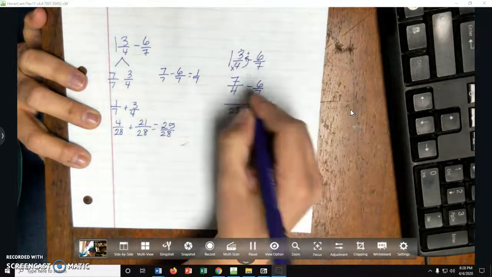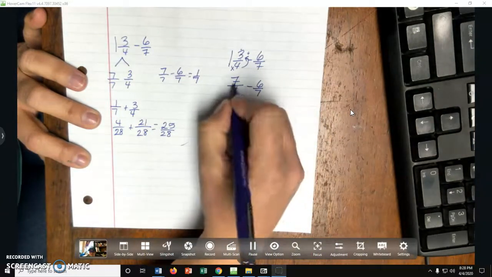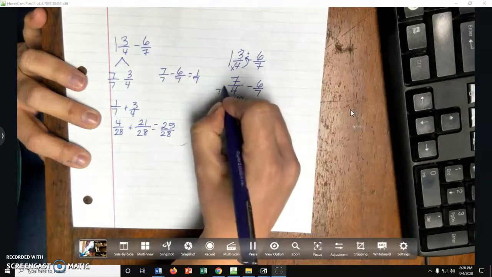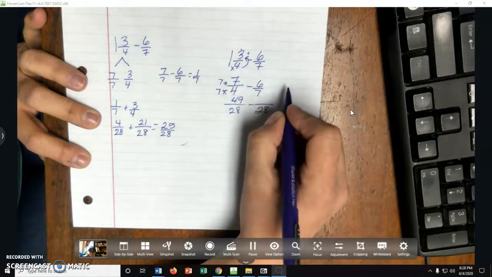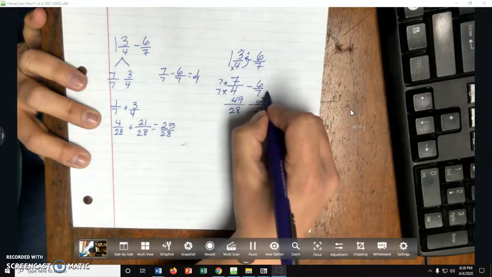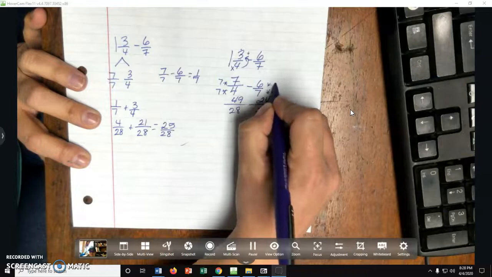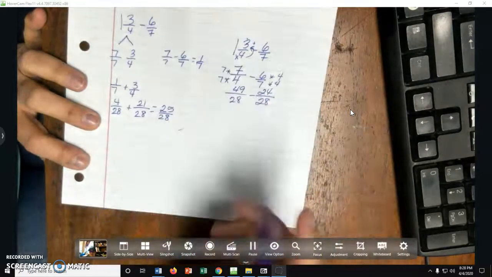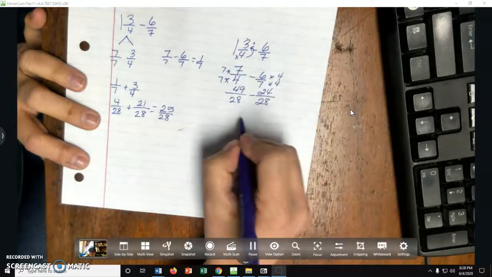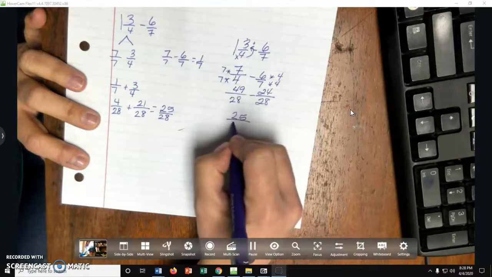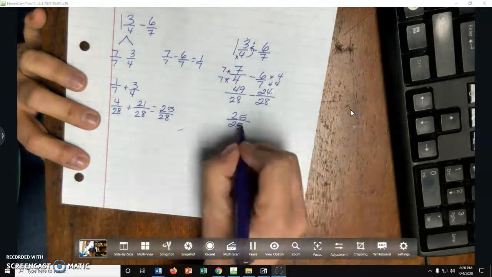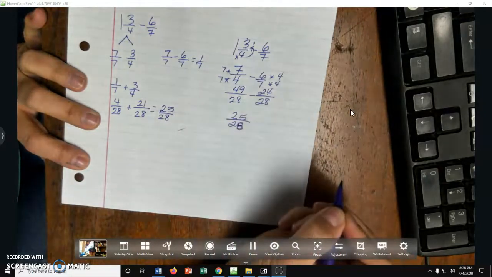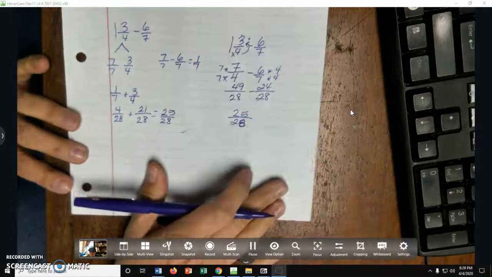This becomes 49/28 because I'm multiplying both of these by 7. And over here, this becomes 24/28 because I'm multiplying both of these by 4. Now I can subtract: 49 minus 24 gives me 25/28.